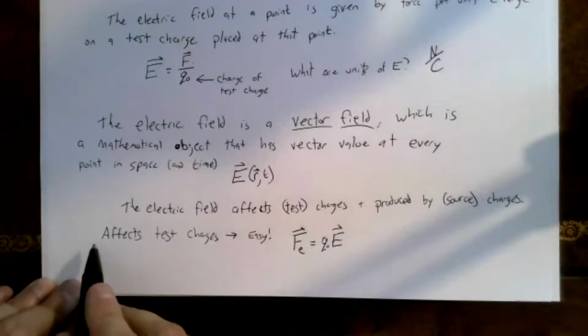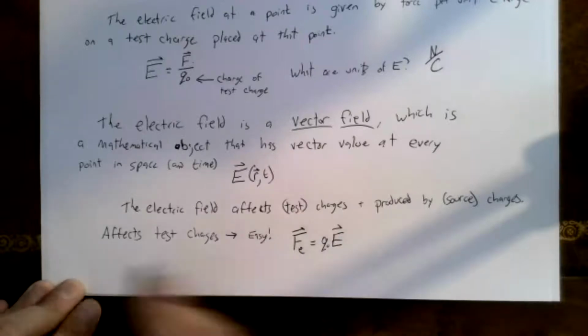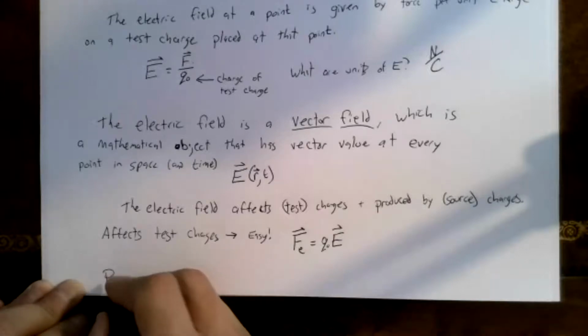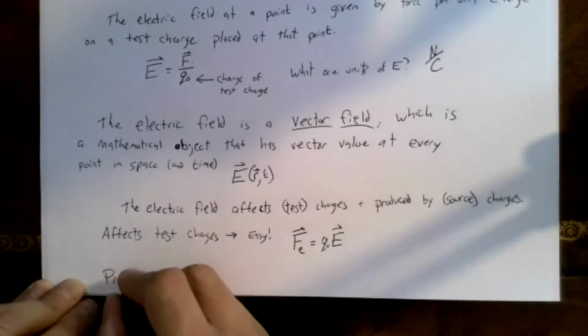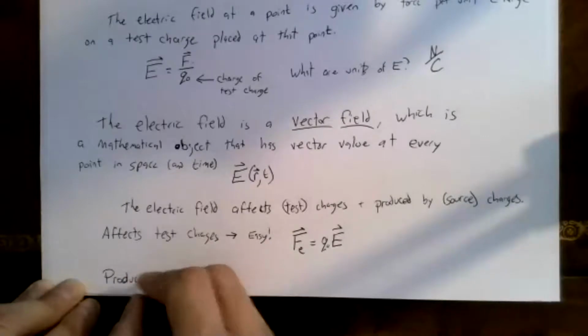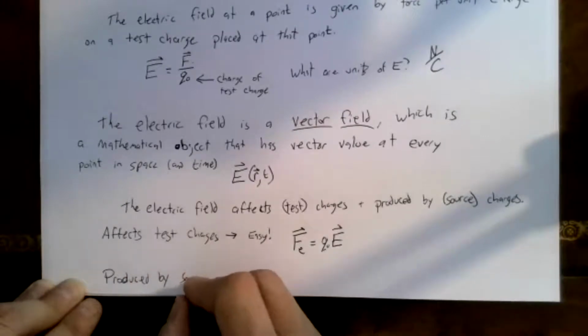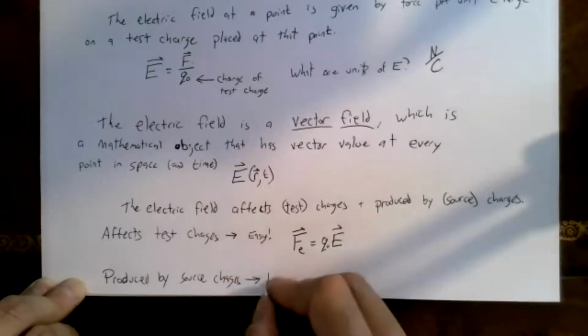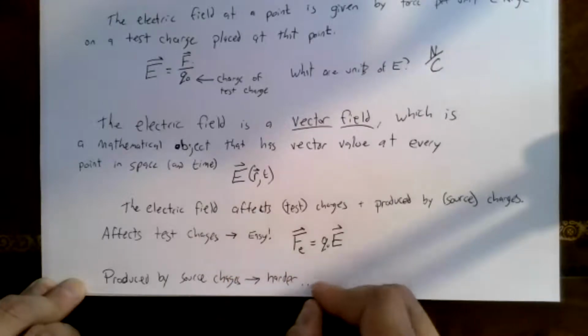All right, so it's easy to say how it affects test charges, but the electric field is also produced by source charges, and that's the part that's a little bit harder.